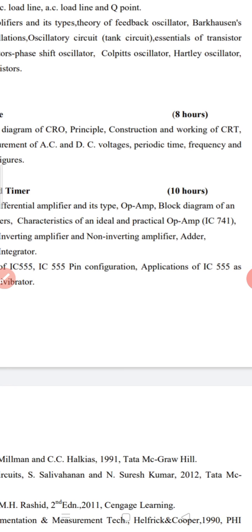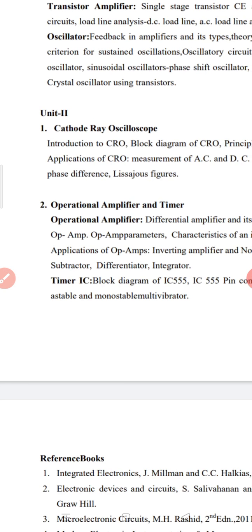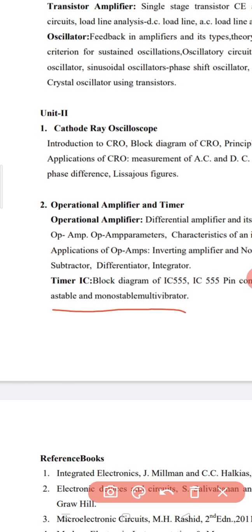Then there are the applications of IC 555 as astable and monostable multivibrators. These are the two applications of IC 555 we are going to see.